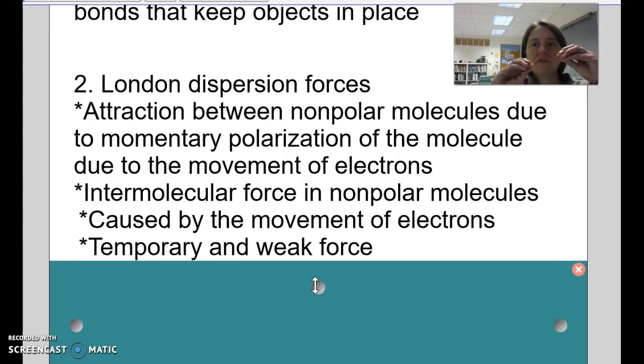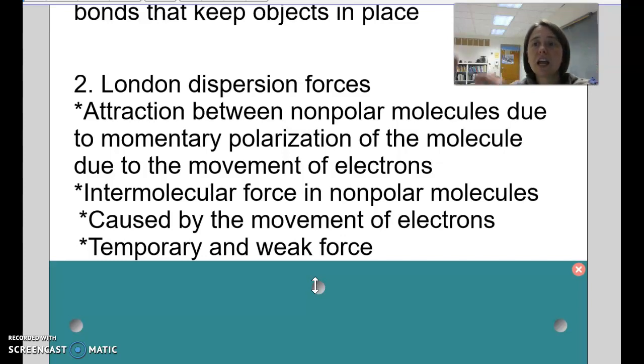So when we have electrons zipping around, at one point they'll be over here, or maybe at another point they'll be over here or over here. So at this one point, if the electrons are, let's say, over here, then it's partially negative on this side of the molecule and it would be partially positive on this side of the molecule.